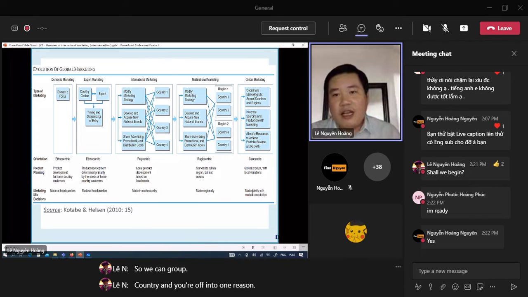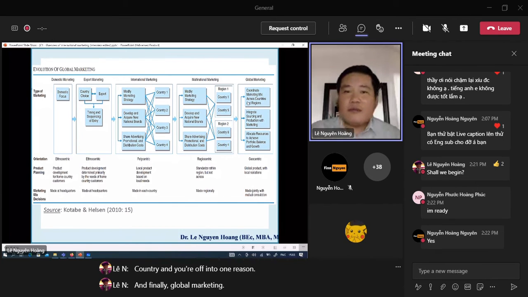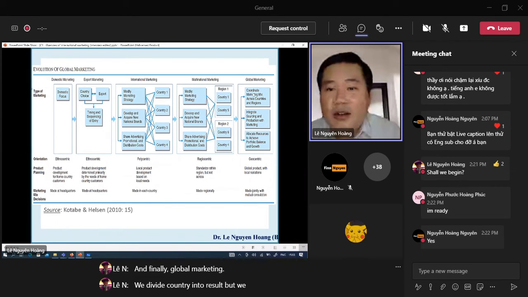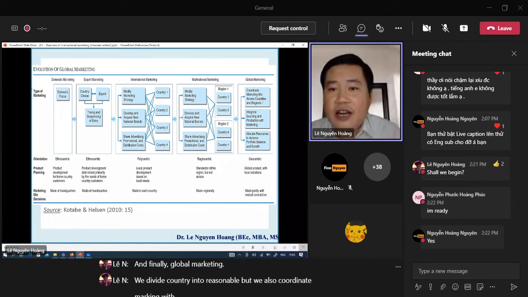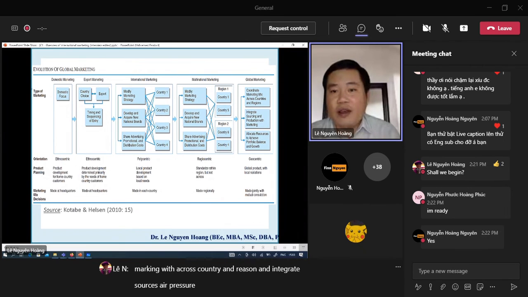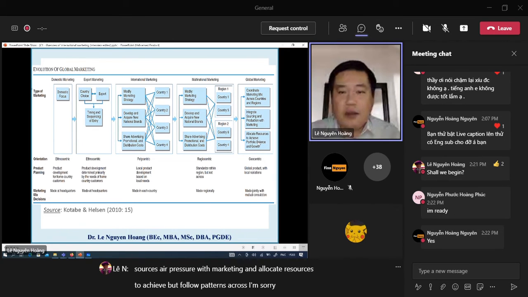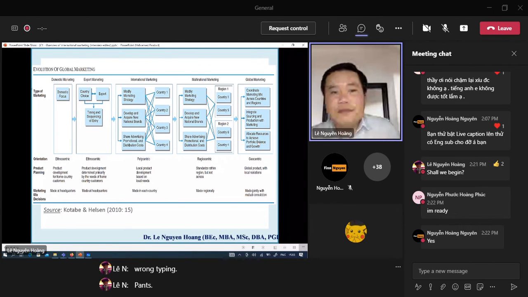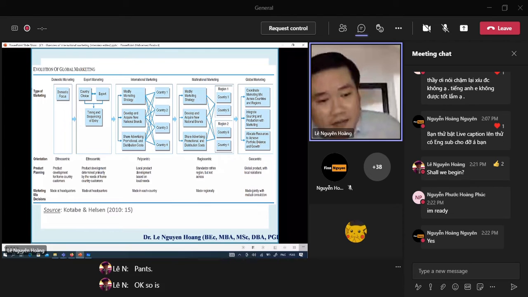And finally, global marketing. We divide countries into regions, but we also coordinate the marketing mix across countries and regions, integrate sourcing and production with marketing, and allocate resources to achieve portfolio balance and growth. I'm sorry, this is the wrong typing. Okay, so is it clear now, guys?